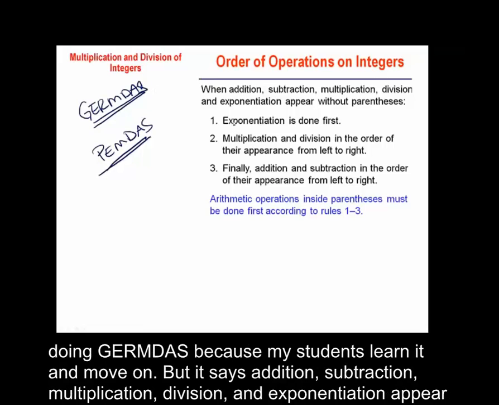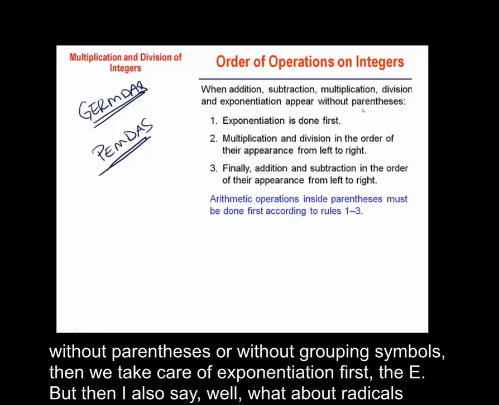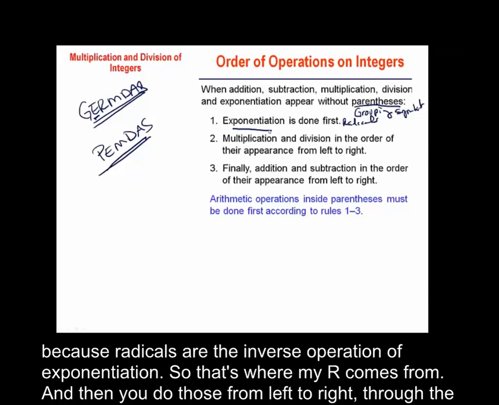But it says addition, subtraction, multiplication, division, and exponentiation appear without parentheses or without grouping symbols. Then we take care of exponentiation first, the E. But then I also say, well, what about radicals? Because radicals are the inverse operation of exponentiation.